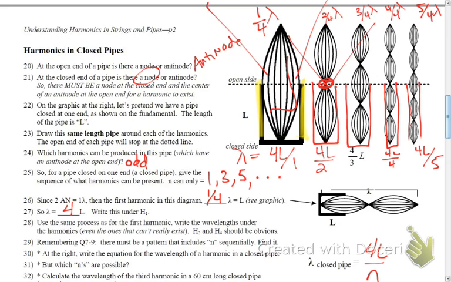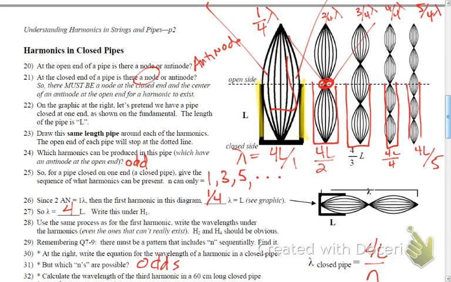All right. Okay, but that's our equation, but we know that for a closed pipe, only certain wavelengths are possible. Which are they? All right, odds. Do me a favor. I want you to take a few minutes. We'll calculate number 32, the wavelength of the third harmonic in the 60 centimeter long closed pipe.